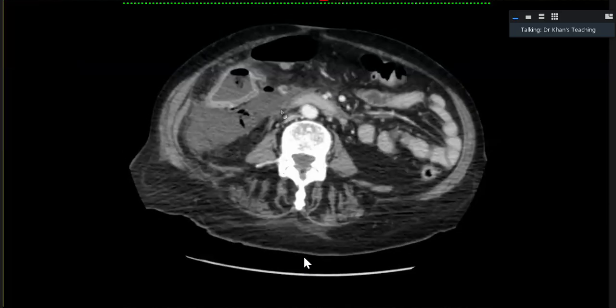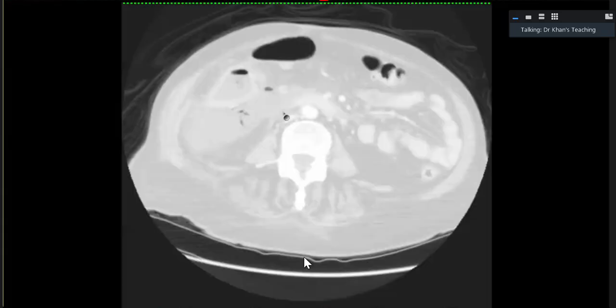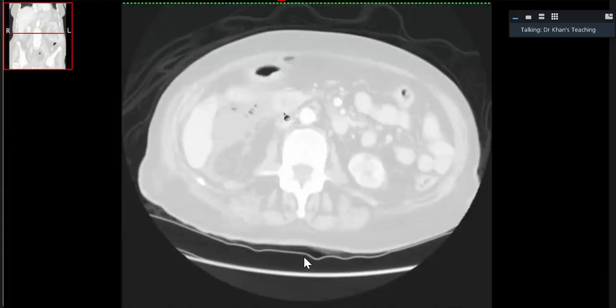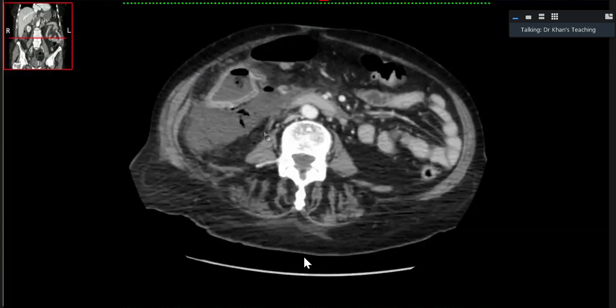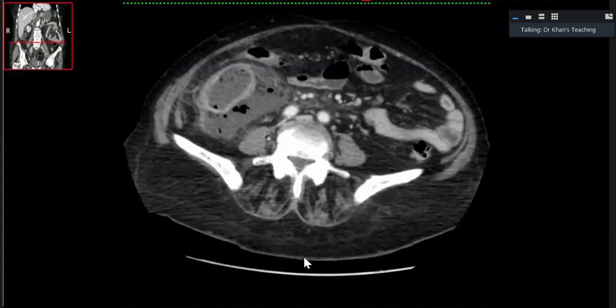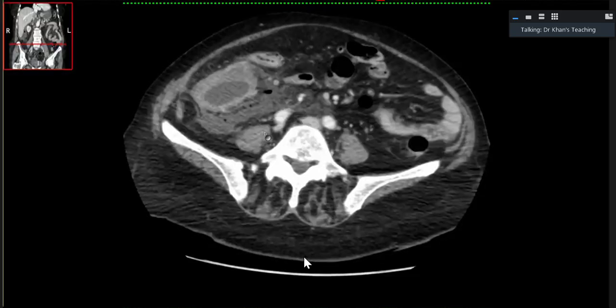There are air bubbles. Of course, you can ask for a lung window or a bone window, whatever you want, to see extraluminal air. In this case, you don't have to because there is fluid and you are very confident that you are sitting outside.